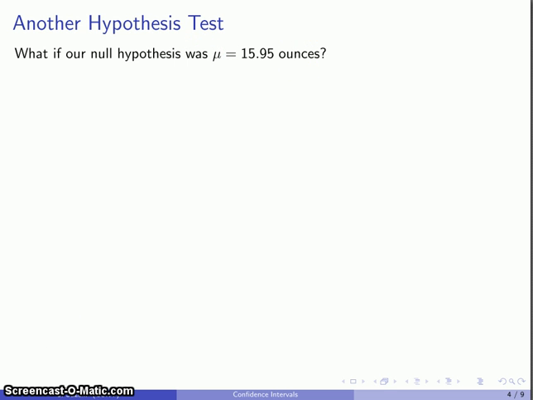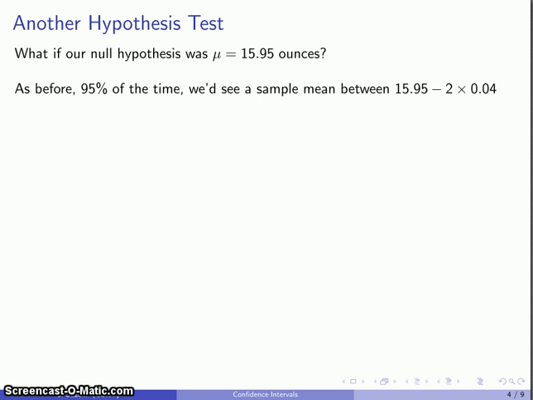Let's go ahead and set up a test that will reject or fail to reject this null hypothesis at the same level of significance. And that's still going to be our plus or minus 2 standard deviations of the mean.